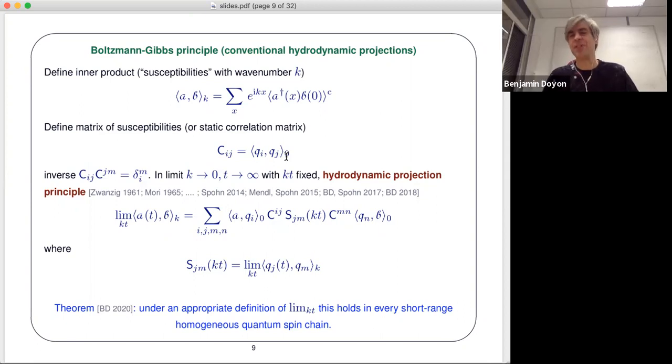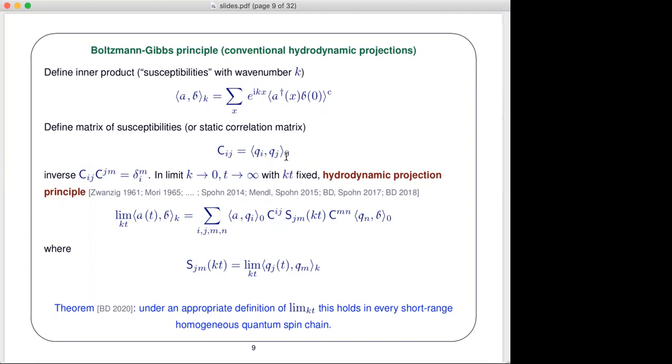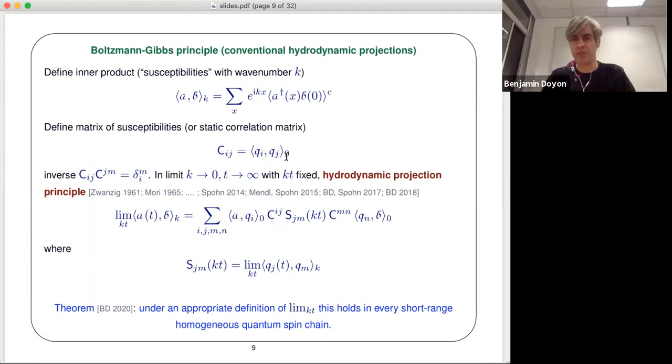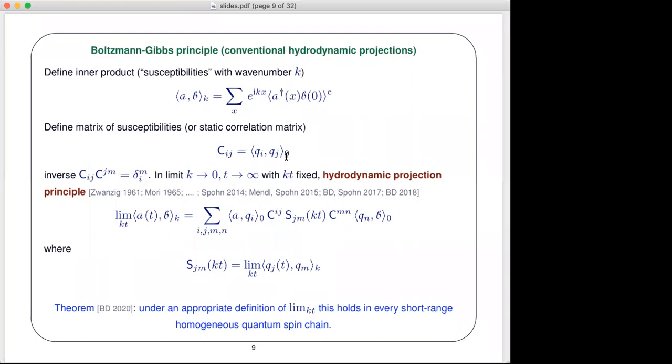Hydro is like the old way of hydro, the Navier-Stokes equation. No, it's just chaotic systems, right? But this is the general viewpoint on hydro. Ben, just to appreciate the formula a bit more, it looks like just a completeness relation inserted a couple of times. So it doesn't go beyond that at this point?